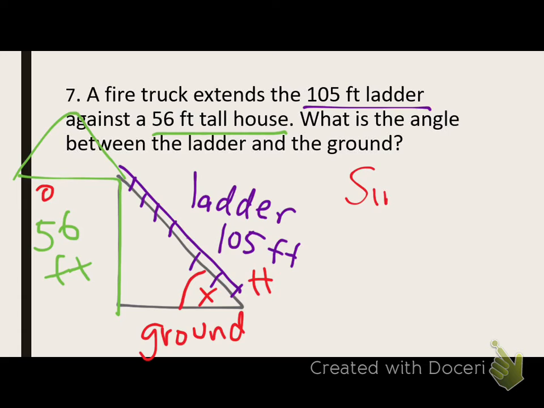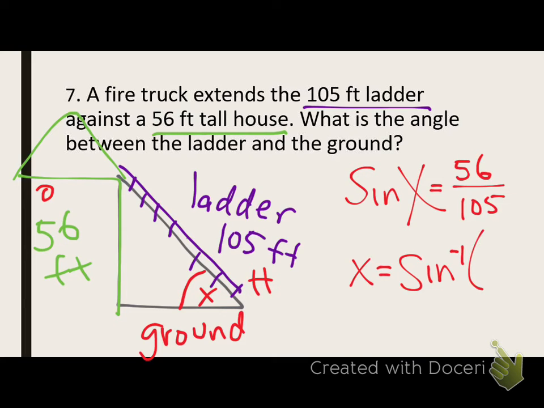So we are going to use sine from an angle. I'm going to call mine x. Equals the opposite over the hypotenuse. Shift sine of 56 over 105. We can round to whatever you want to round to. 32 degrees.